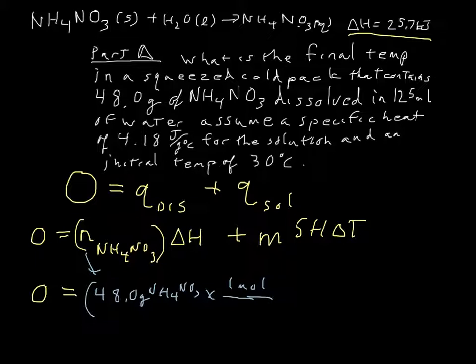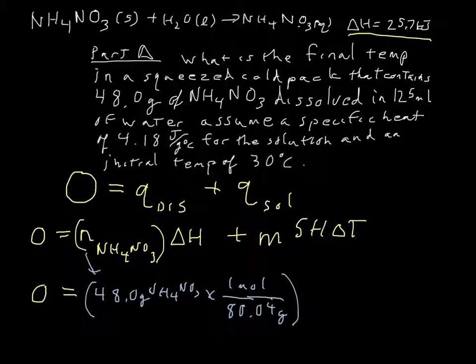and we go to our periodic chart to figure out the molar mass of ammonium nitrate, and that turns out to be 80.04 grams.